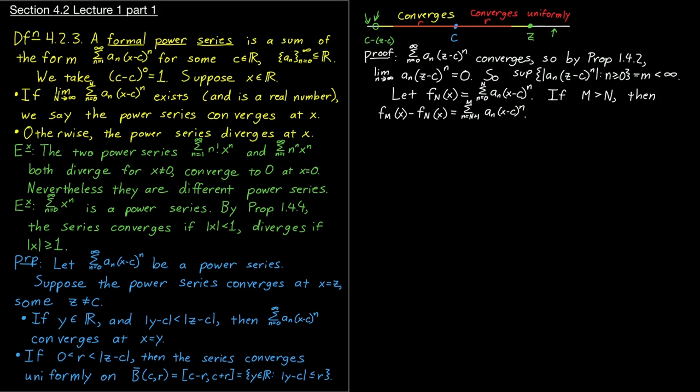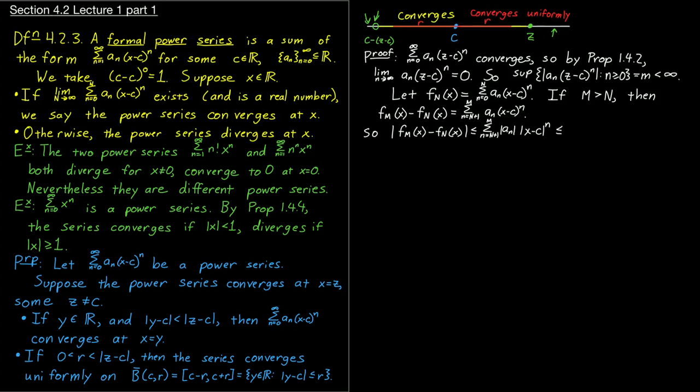And so we can take the absolute value of f sub m of x minus f sub n of x. You use the triangle inequality and induction and a bunch of other things. And then x minus c to the n. And then we've got that a sub n times z minus c to the n is less than our little m.